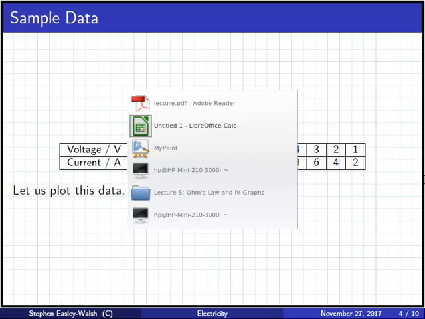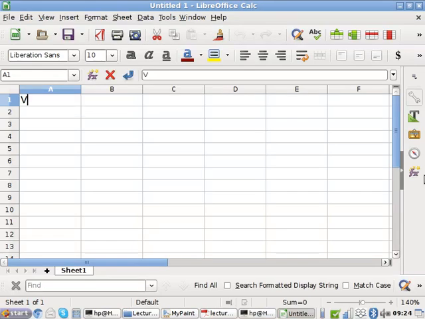Right. First, voltage. What's another name for voltage, by the way? Potential difference. So potential difference in volts and current in amps. What's my first voltage? 10. And what happens next? Decrease by 1, until 1.